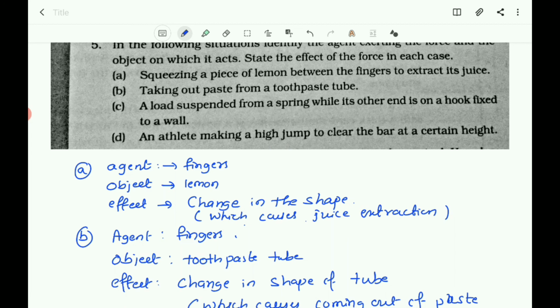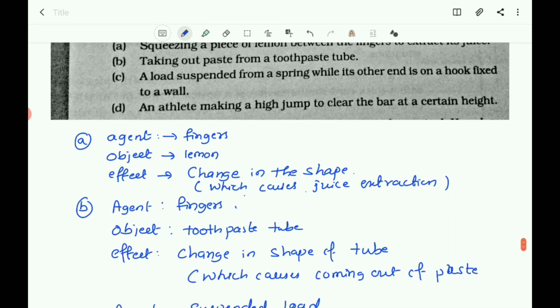He exerts force on himself. So here both agent and object are the athlete only. And the effect of the force is, here you know that he clears the bar at a certain height, that is change in the state of motion of the athlete here.